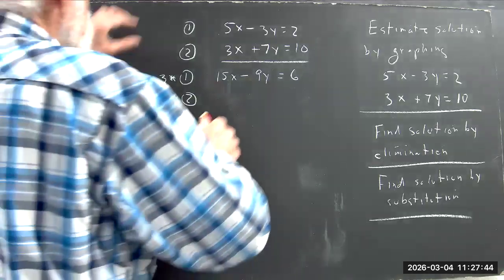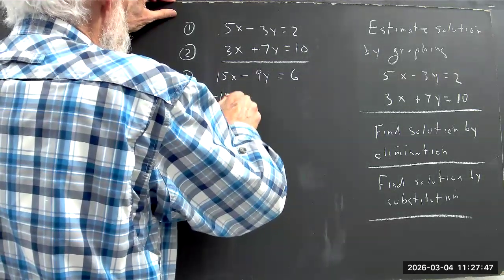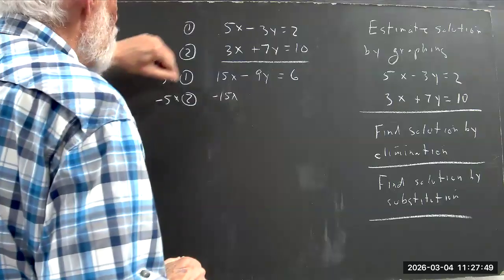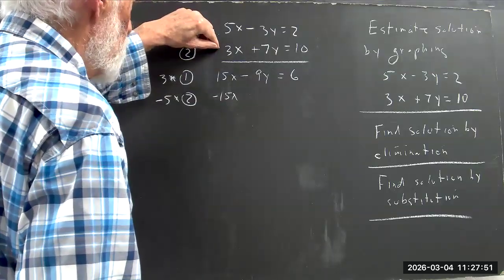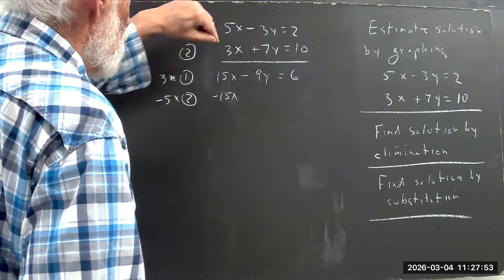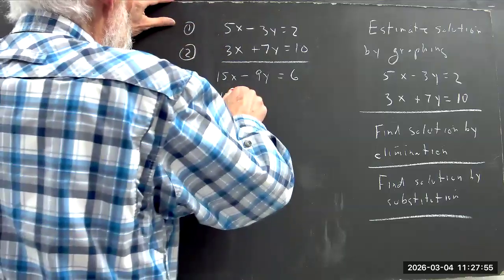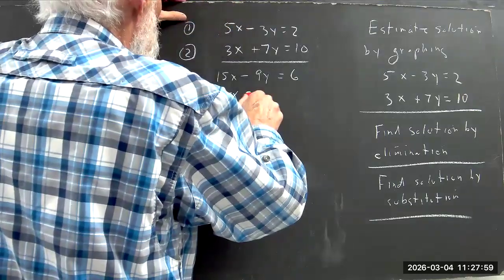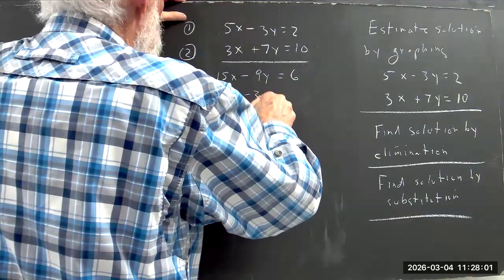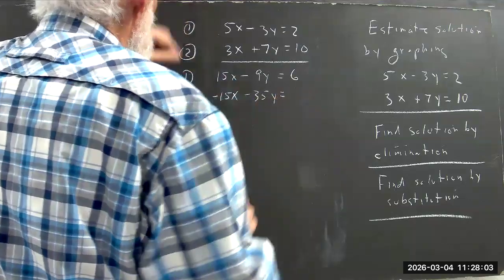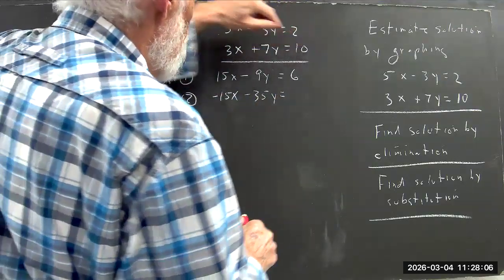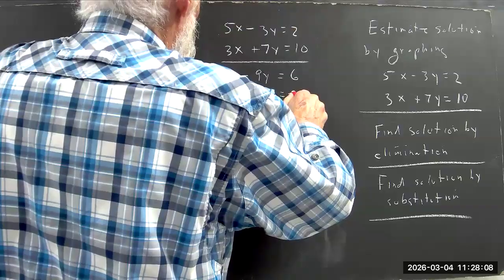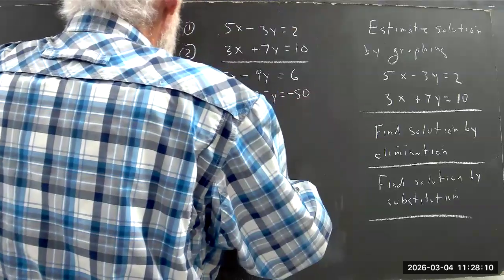So we get negative 15x, because negative 5 times the 3x in equation 2 is negative 15x, and negative 5 times the 7y is negative 35y. Then negative 5 times the 10 on the right-hand side is negative 50.